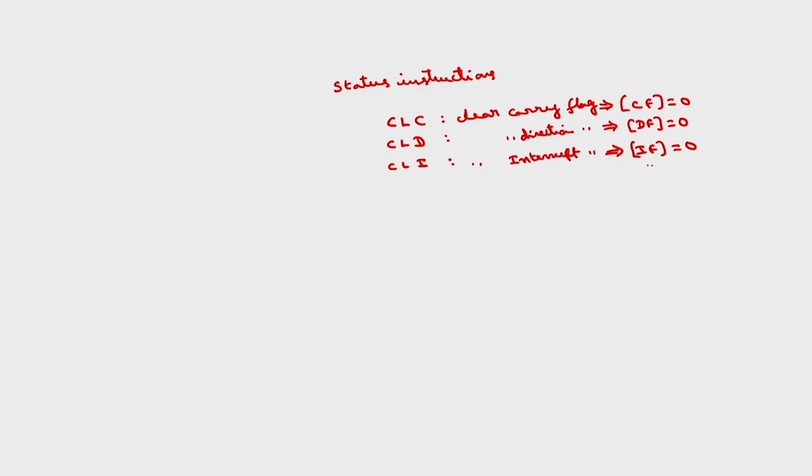Once the interrupt flag is reset, all the interrupts will be disabled except NMI. NMI, as the name implies, is non-maskable interrupt. All the interrupts except NMI will be disabled.